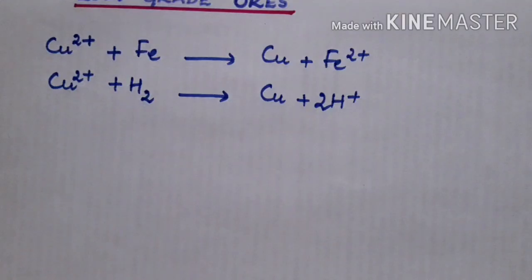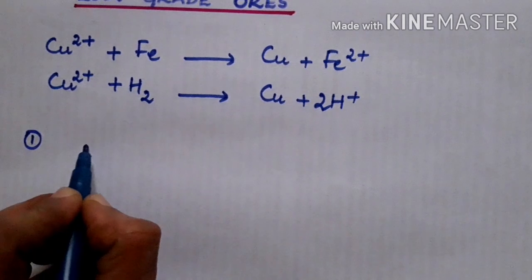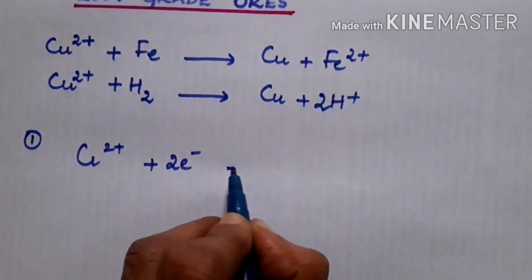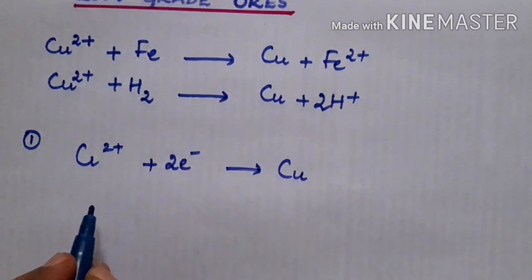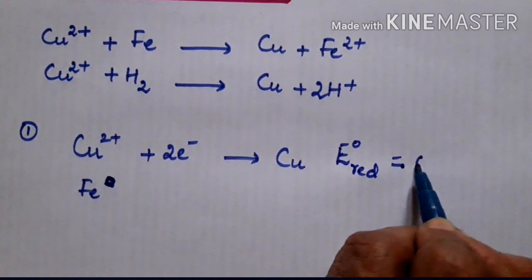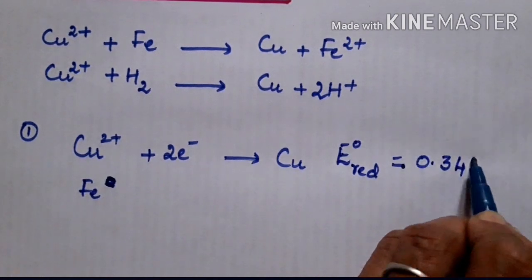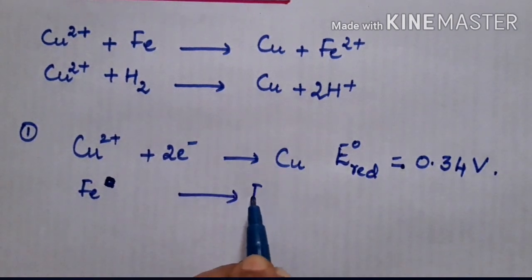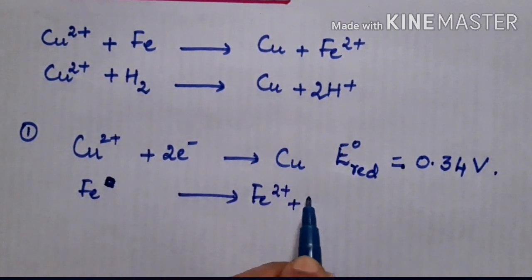We'll now split both these reactions into oxidation part and reduction part. The first equation becomes Cu2+ plus 2 electrons becoming Cu. The E0 value of reduction is 0.34 volt, whereas iron changes to Fe2+ plus 2 electrons.